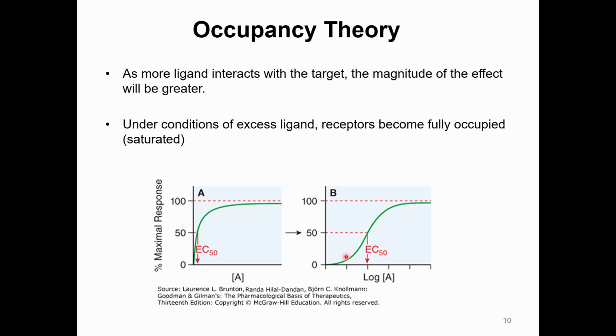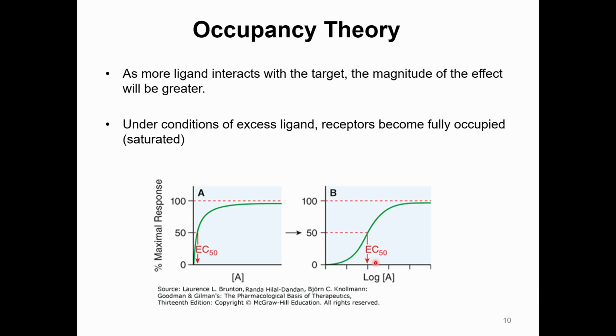So in a lot of pharmacology, you'll oftentimes see log transformations on the x-axis. One of the reasons that's nice is that it spreads out the interesting part of the graph, and now you can easily see how increases in drug change the response, okay?